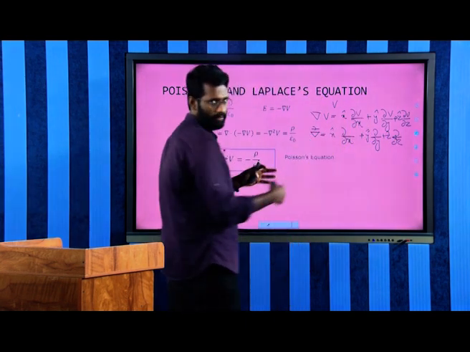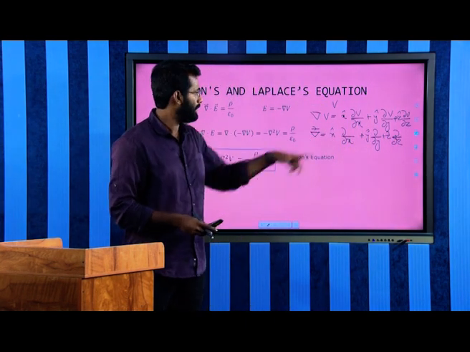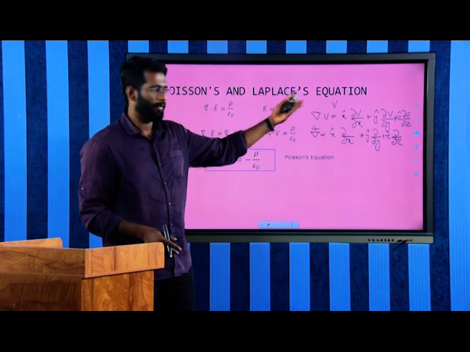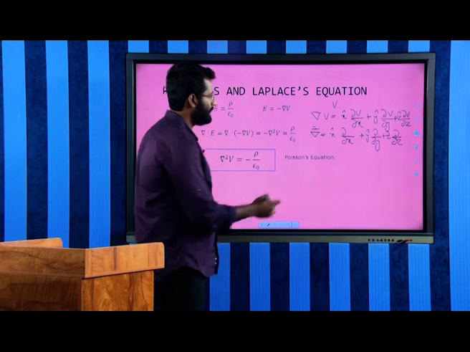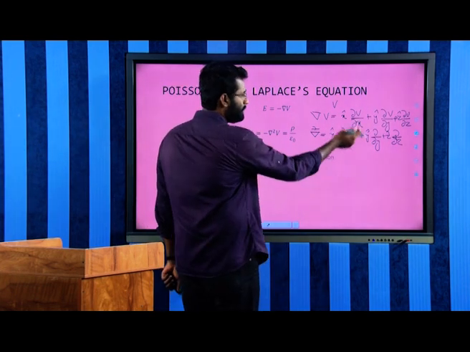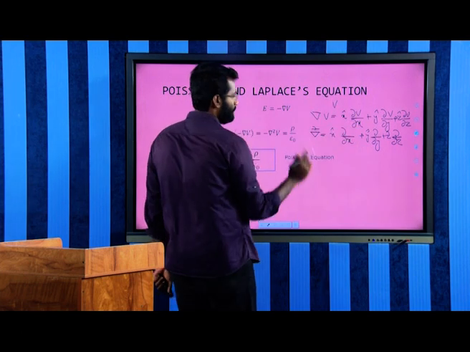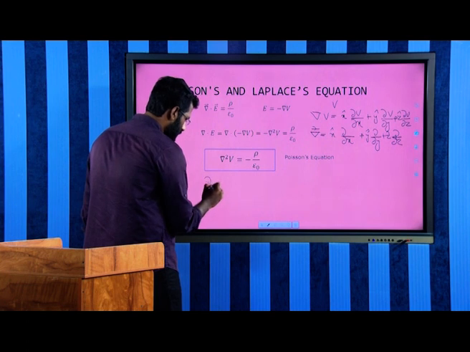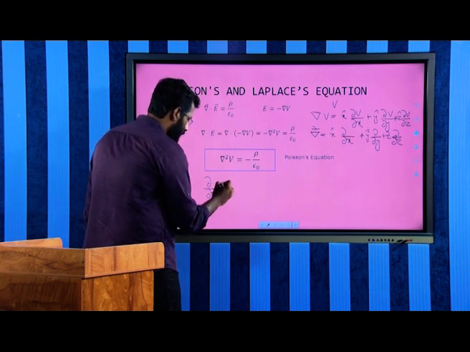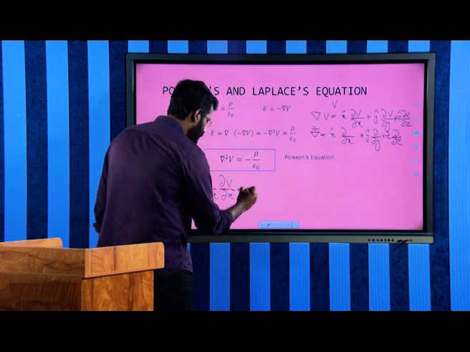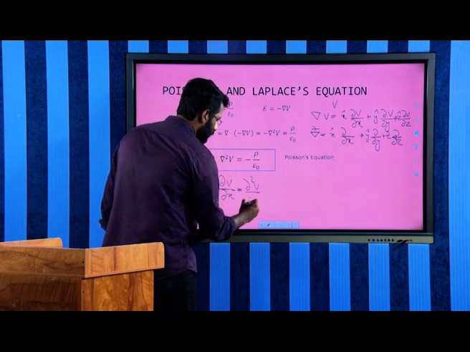Now take the dot, that is del dot del V. This is a vector quantity and this is a vector quantity, so we can operate this del on del V. So x cap dot x cap is equal to 1, and dou by dou x of V. That means we get dou by dou x of dou V by dou x, which is equal to dou square V by dou x square.